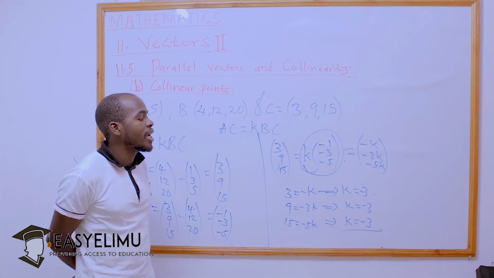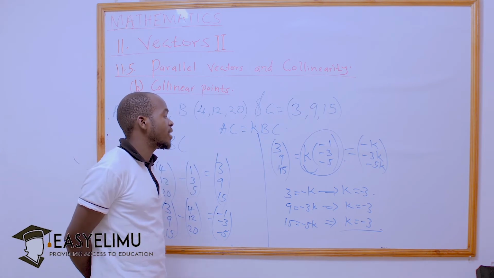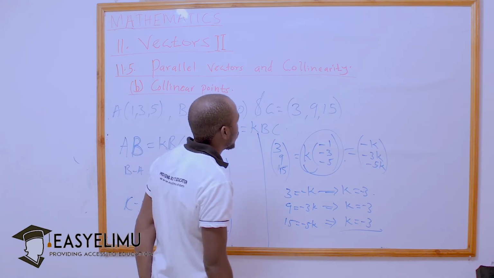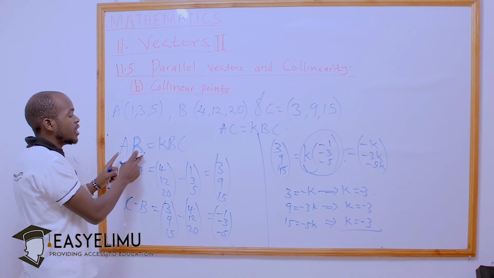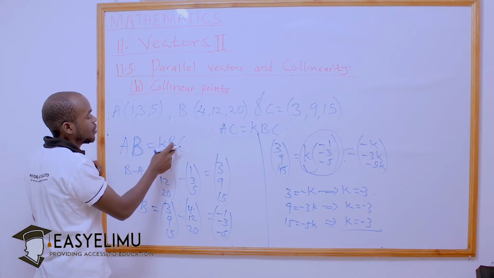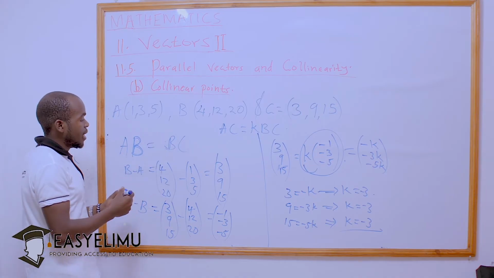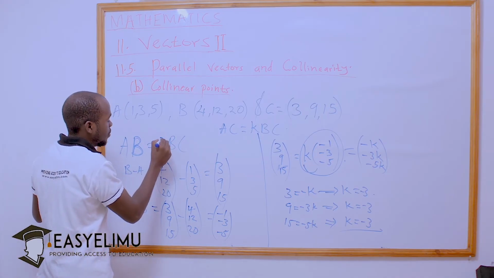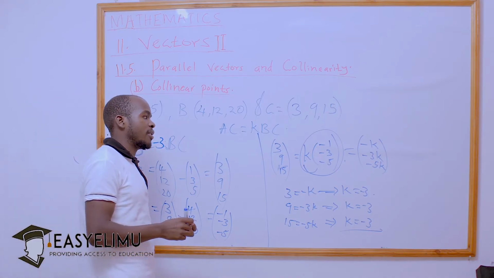So we have found that K is common between both of them, and thus K is our scalar multiple. So AB is equal to -3BC. We have found K equals -3.